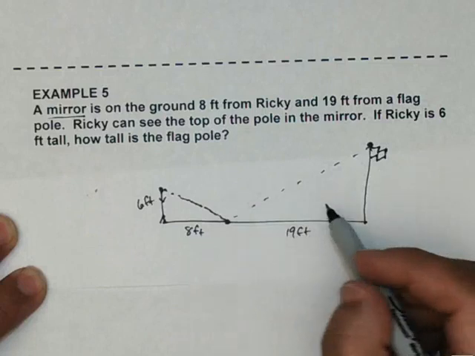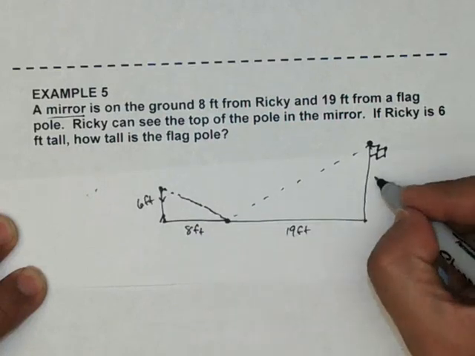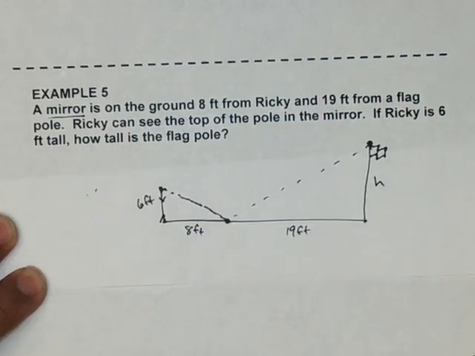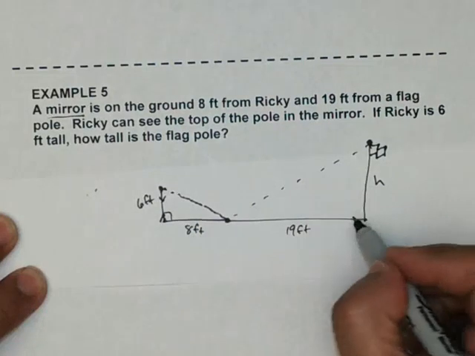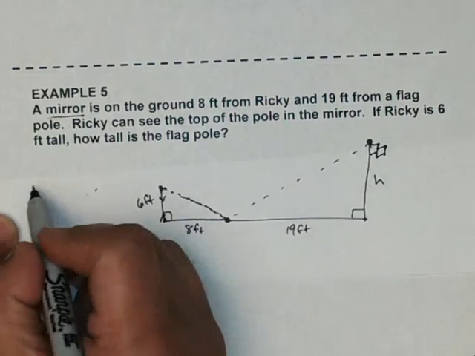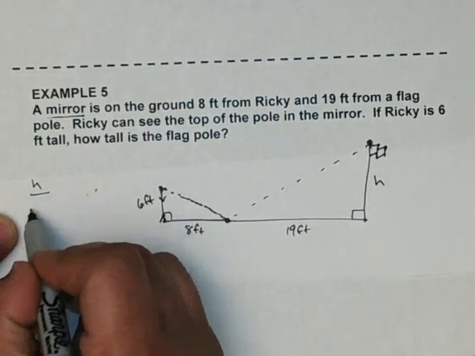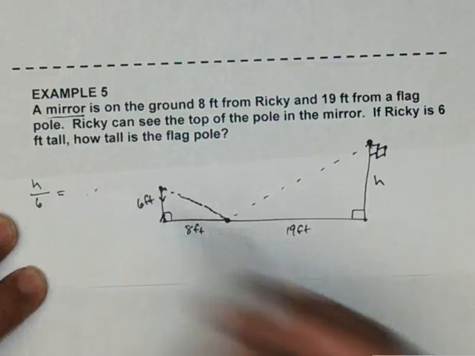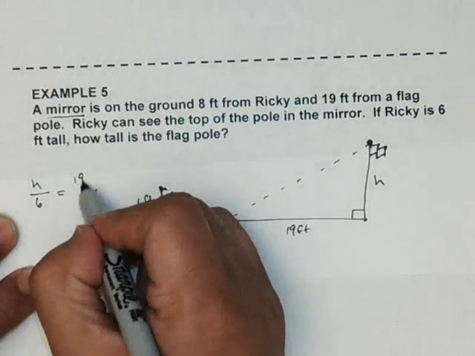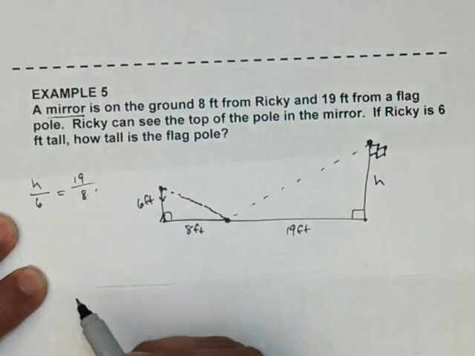The height of the flagpole is what we're looking for. So there's my picture. This would form right angles here. So I would say the height, h over 6, is going to equal 19 over 8.